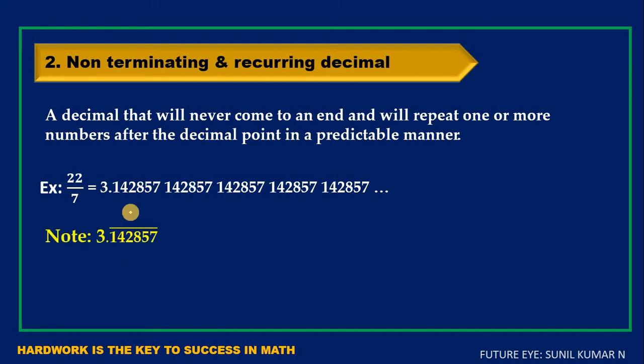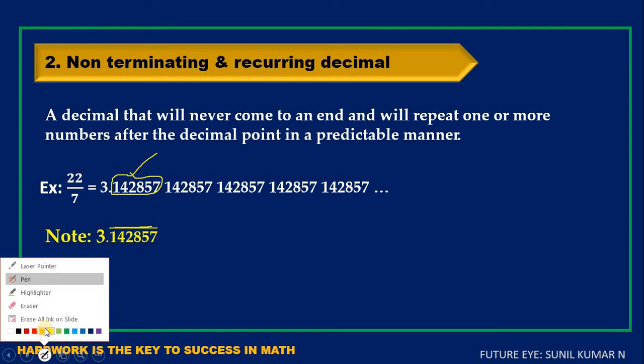Note, see here, this 142857 is repeating, hence over the number which is repeating you have to write one line like this, and that line we read as bar.